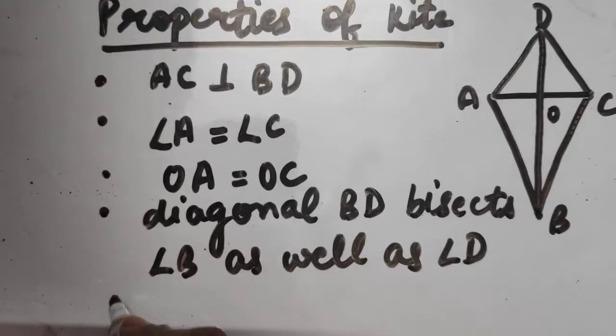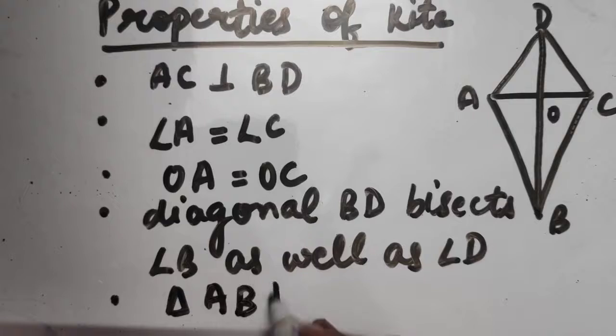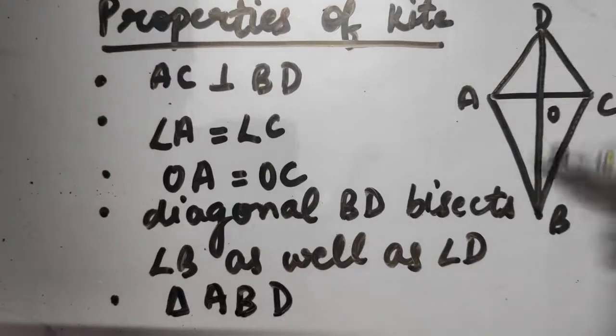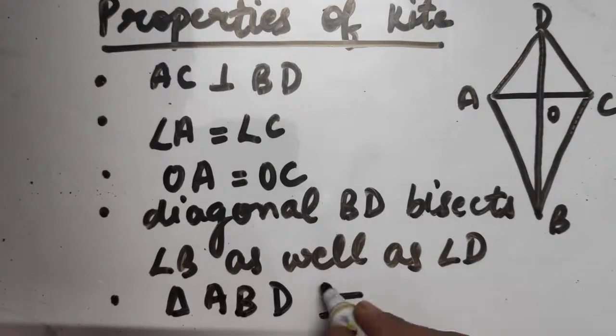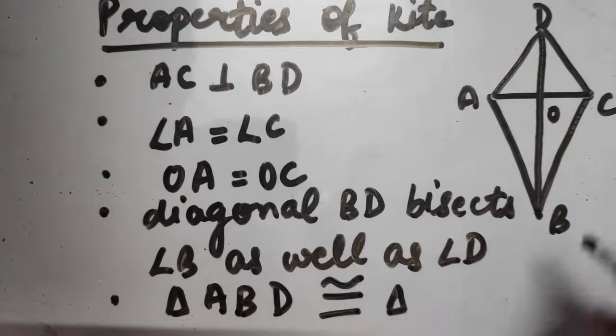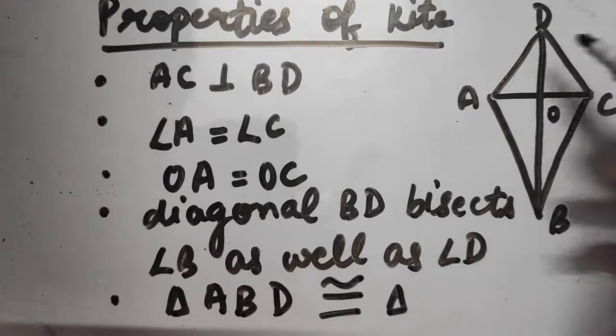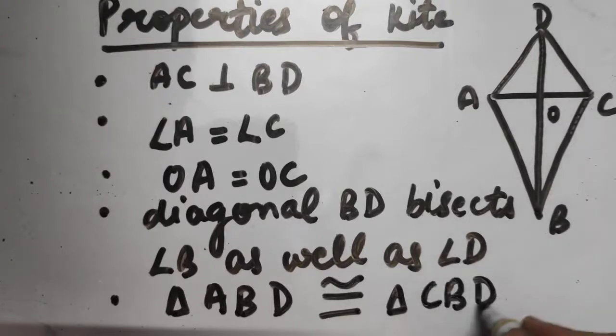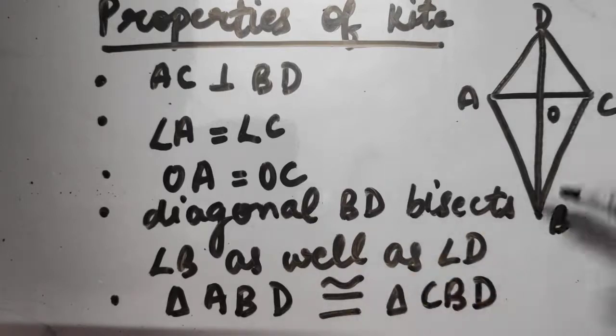It means triangle ABD is congruent to triangle CBD. That is, the diagonal BD divides the kite into two congruent triangles.